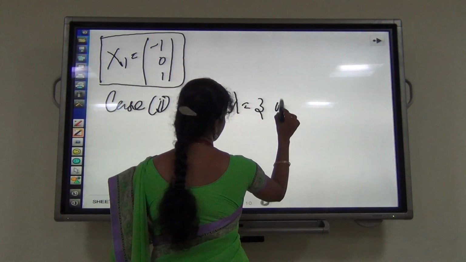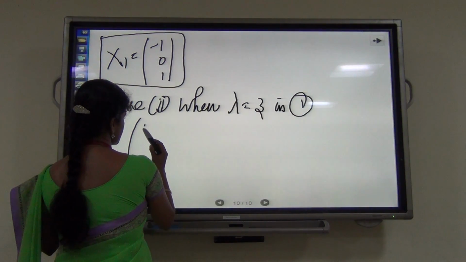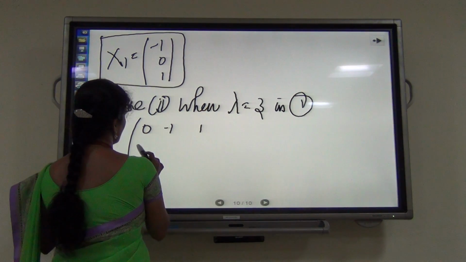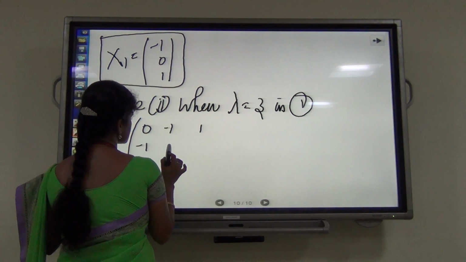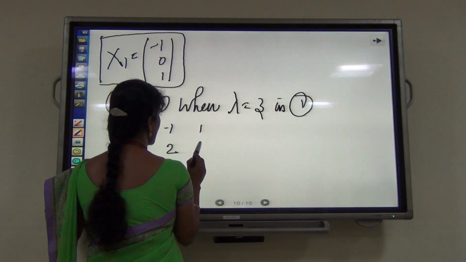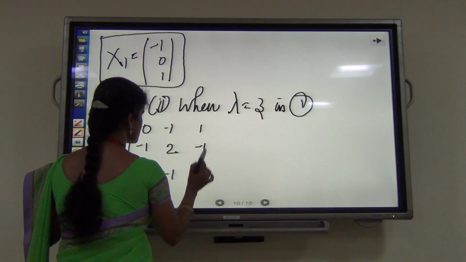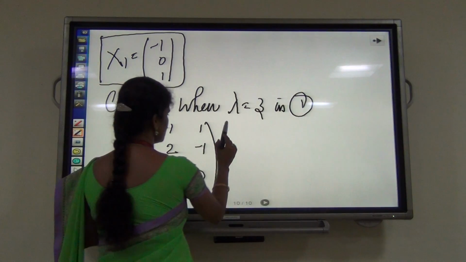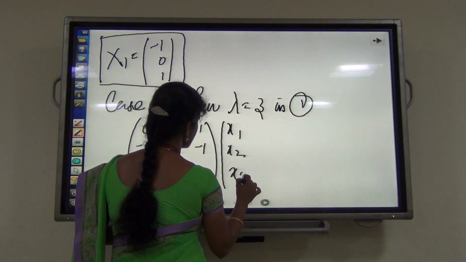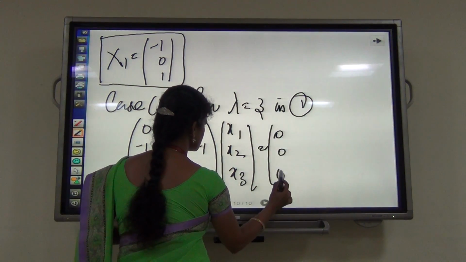What will be the matrix form? 3 minus 3, it is going to be 0, 1, it's minus 1, 1, minus 1, 5 minus 3 is 2, and here it is minus 1, 1, minus 1, 3 minus 3, it is 0. So we get the matrix times x1, x2, x3 is equal to 0, 0, 0.